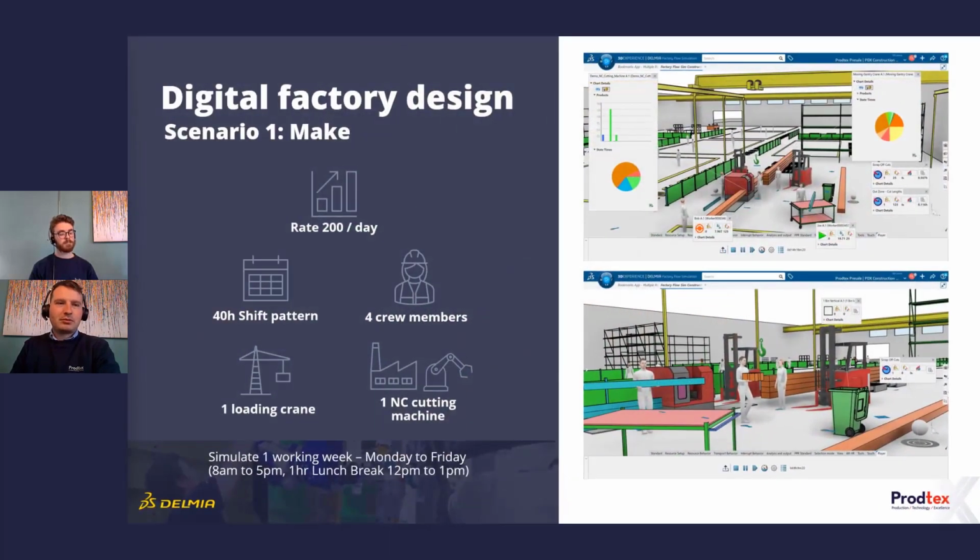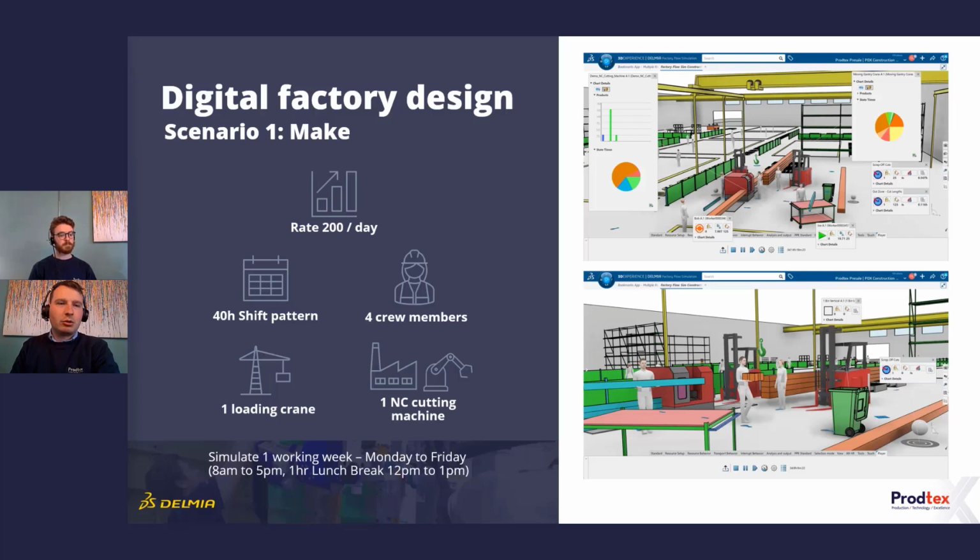And so, starting off with our make scenario, we've modelled what we think our work cell would need to look like in order to meet our rate of 200 a day and keep productivity on the production line. We're also assuming a shift pattern of Monday to Friday from 8 until 5 in the evening with an hour for lunch.